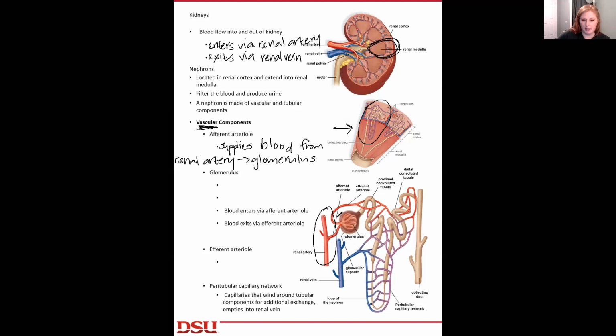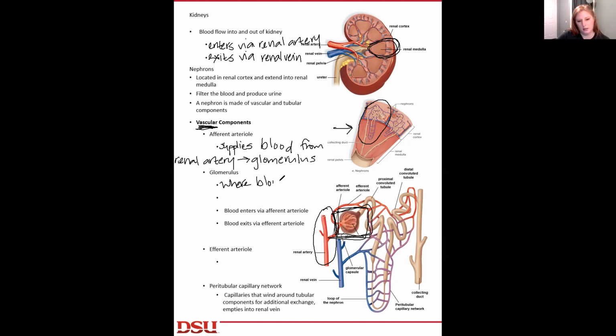So the glomerulus is this globby ball right here. And the glomerulus is actually where we're going to have the blood filtered. So the glomerulus is part of the nephron, and it's going to filter the blood that's coming in from the afferent arteriole.